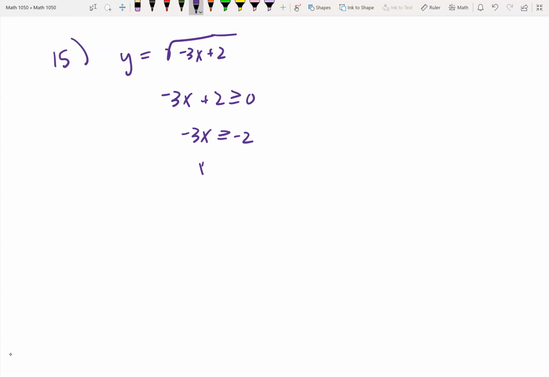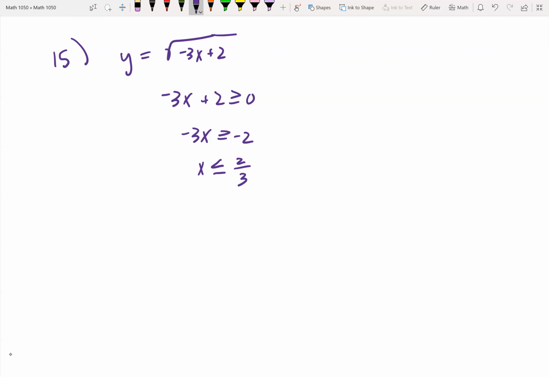Find the domain. I have an even root that's on the top. So if you have an even root on the top, the inside is greater than or equal to 0. So negative 3x plus 2 greater than or equal to 0. Negative 3x greater than or equal to negative 2, divide by negative 3, switch the inequality, negative 2 over negative 3 is a positive 2/3, okay?